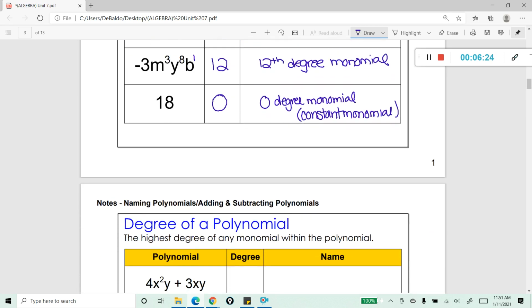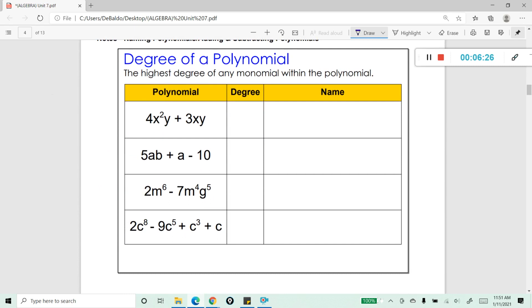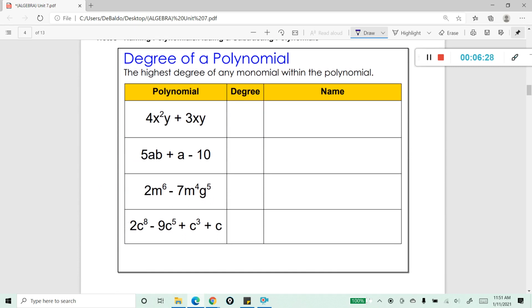Now let's go ahead and move forward and talk about how you find the degree of a polynomial. So you've got to be really careful here not to confuse these two rules. The degree of a polynomial is found by finding the highest degree of any monomial within the polynomial. So really what I want to do here is break this first one up into each of its terms.